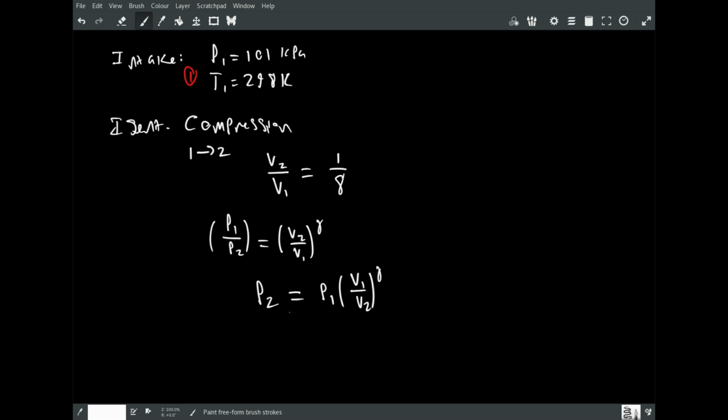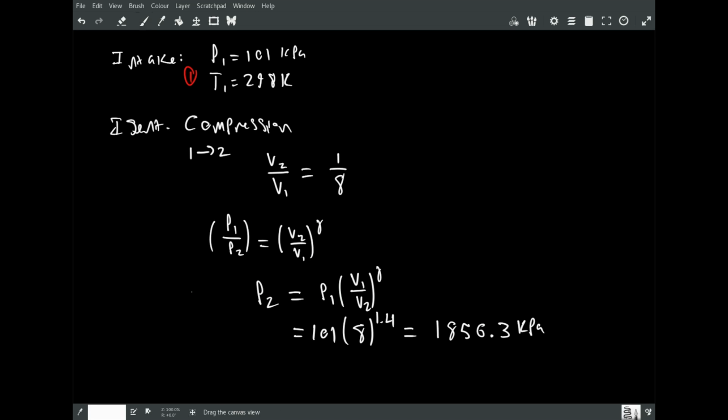What we will find equals 101 kilopascals times, we had a compression ratio of 8, so V1 is 8 times V2, to the power of 1.4 for our calorically perfect gas. And the pressure we get is 1856.3 kilopascals. And that's what the ideal pressure is after this compression.